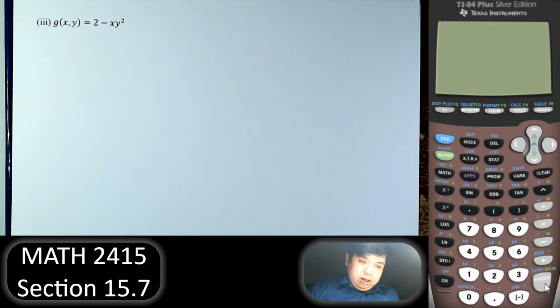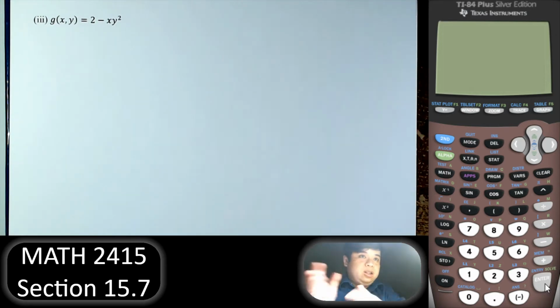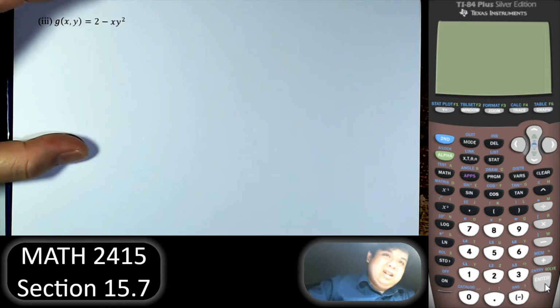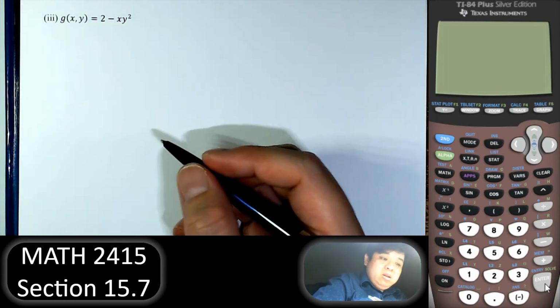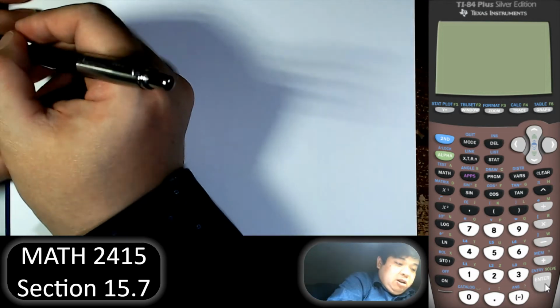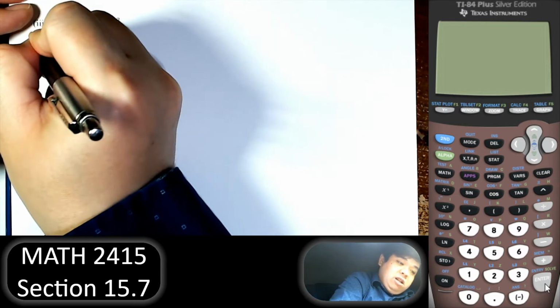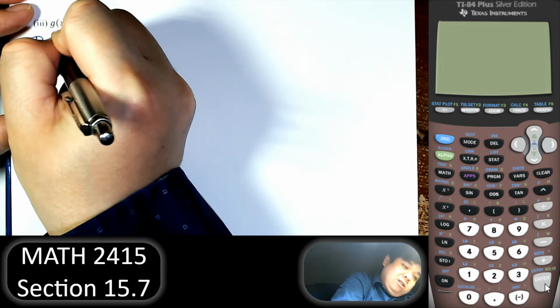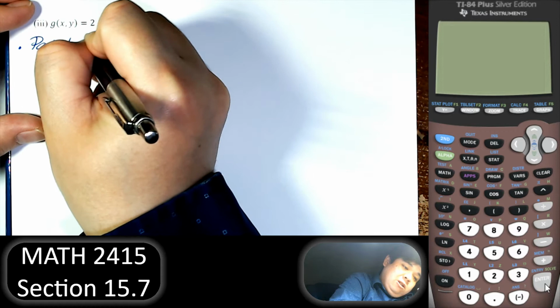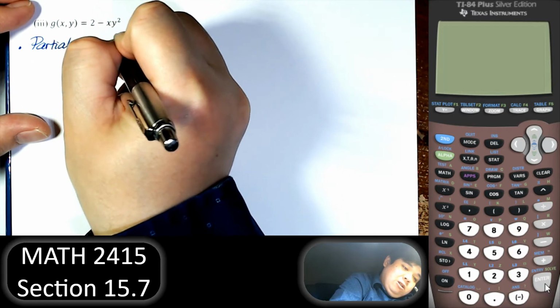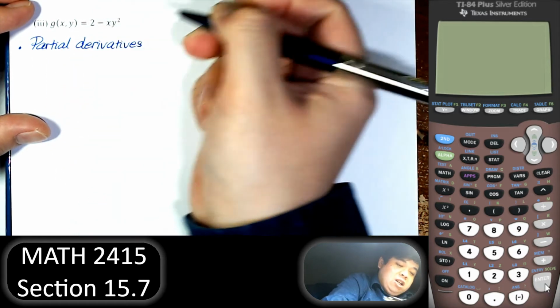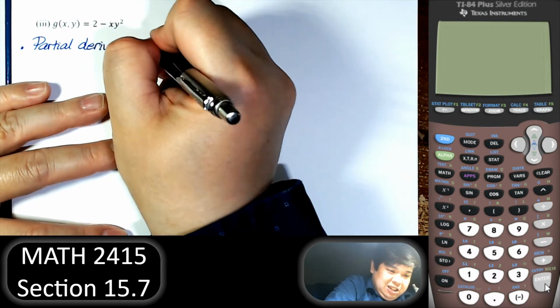So again, critical points, second derivative test. Simple enough, right? The concept is not that bad. I just want to do a bunch of examples here.